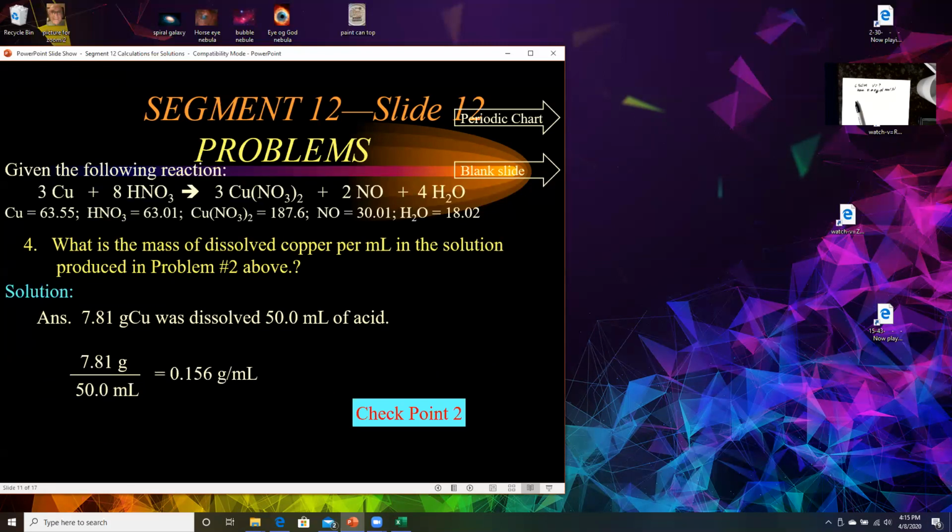I've put this up primarily because a lot of you are medical professionals, and the IVs that you prescribe for your patient are going to generally have the dose expressed in milligrams per milliliter. So you need to be able to convert what you get in the chemistry.